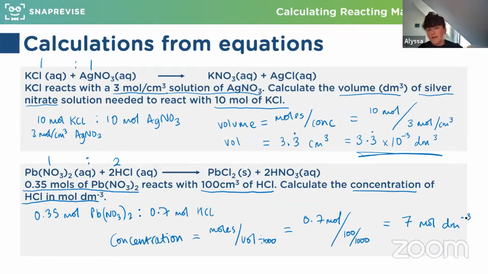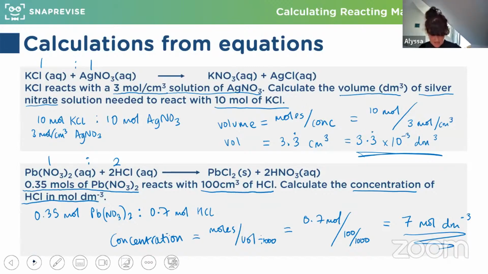At A level, though, we should probably be looking to use the term mole per decimeter cubed, because we don't tend to use the capital M anymore. It's used in laboratories loads, but not at A level, not in our exams anyway. So really well done if you got that. That's brilliant. 7 moles per decimeter cubed.